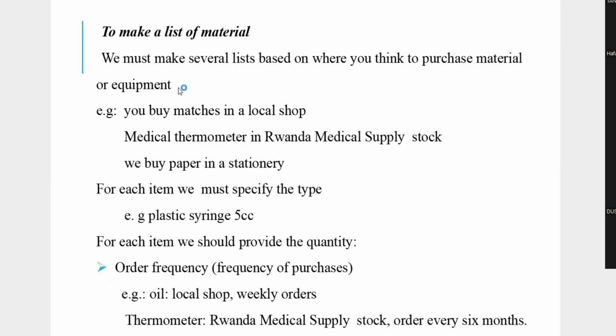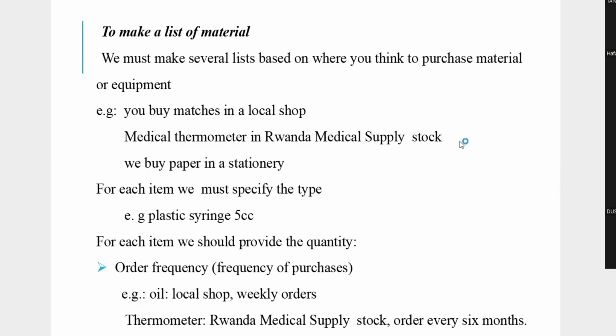In making a list of materials, you have to make many lists based on what you think to purchase. For example, you can buy much in a local shop, the medical thermometer for the medical supply stock, and paper stationery. For each item, we must specify types. This is called the technical specification of a material or equipment.